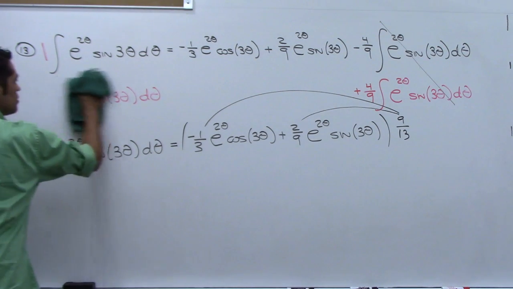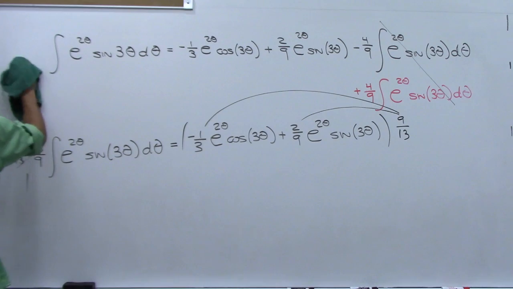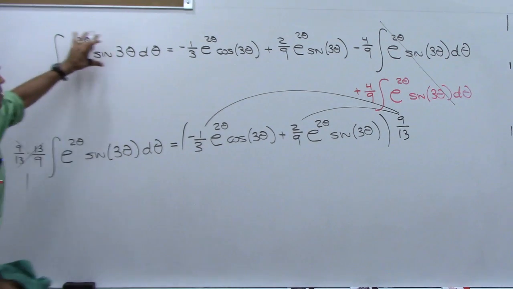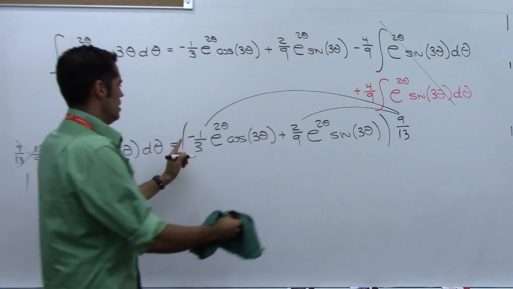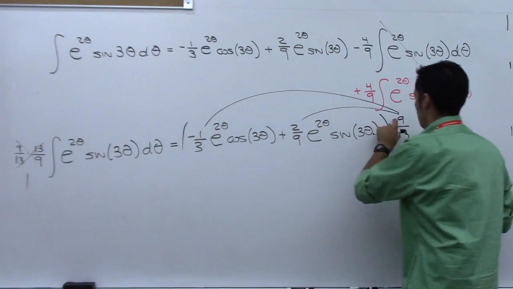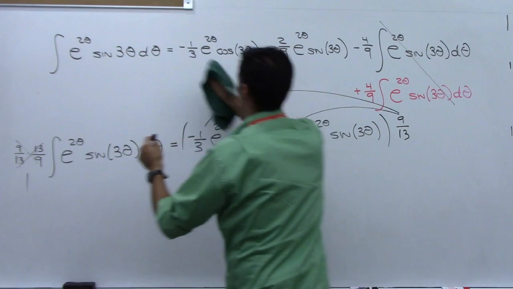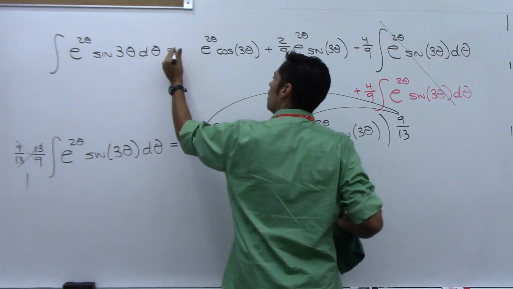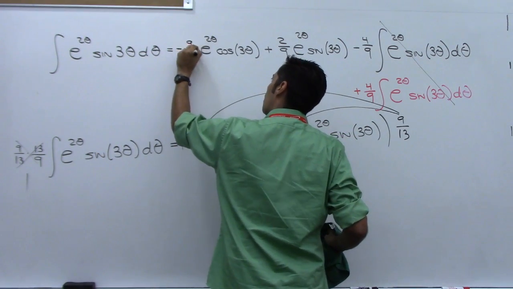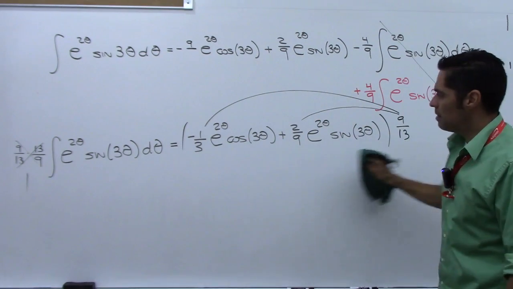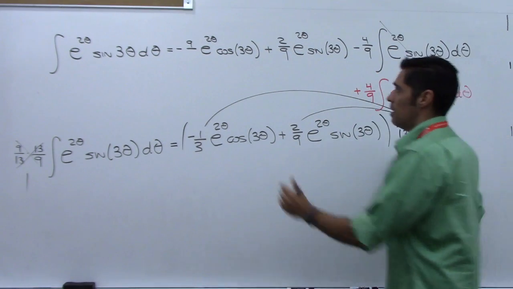So our final answer will be that one of these integrals is equal to, okay, we multiply here, 9/13 times this. So 9 times -1 gives me -9 over 13 times 3 is 39.